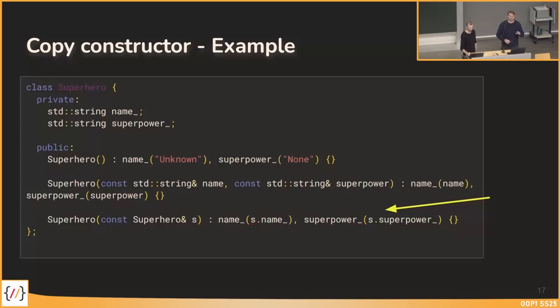We just use the member variables of the passed argument, the name and the superpower, and initialize the member variables of the object that is now created using the superhero that was passed to the constructor. Yes?